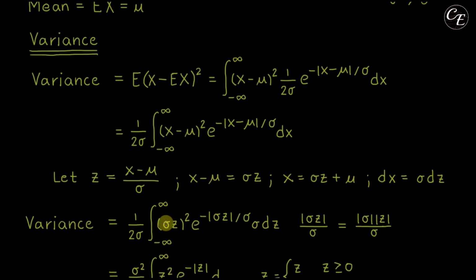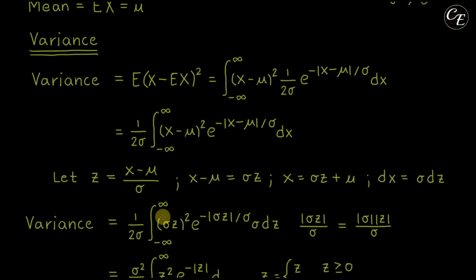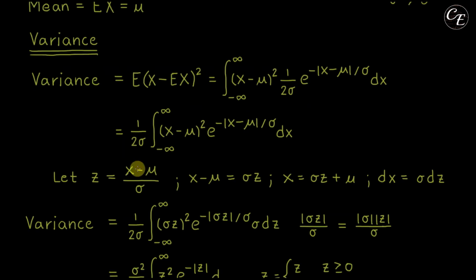Then for our limits, if x is negative infinity, in here we have negative infinity minus a constant, still negative infinity, and negative infinity divided by a constant greater than 0 is still negative infinity. So we have here negative infinity. Now if x is positive infinity, we have positive infinity minus a constant, which is still positive infinity, and positive infinity divided by a constant greater than 0 is still positive infinity. So z is positive infinity when x is positive infinity.